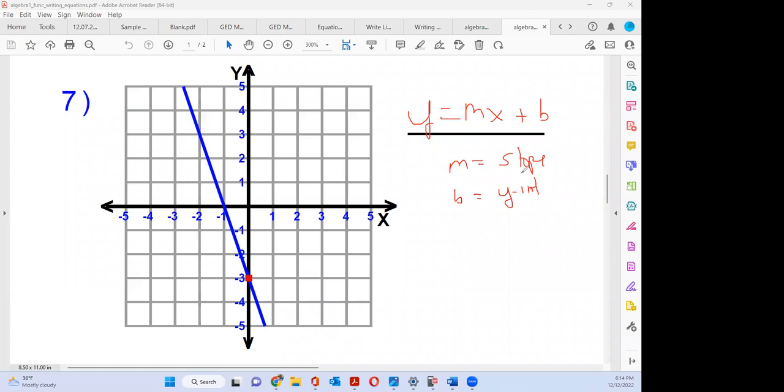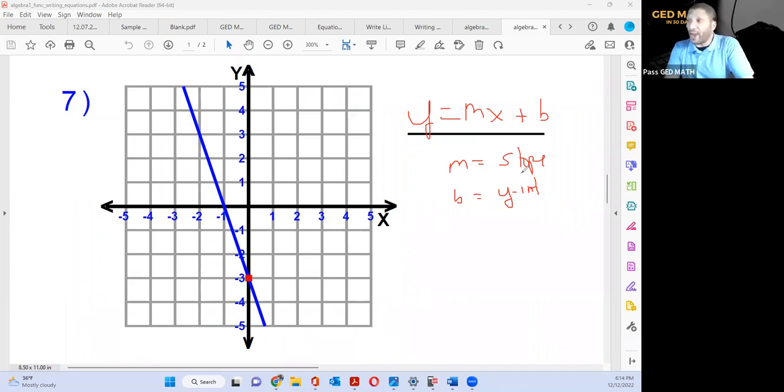I'm going to set the timer for 2 minutes. I want you to send me the equation of this line when you're finished on the graph. And then we're going to try a word problem. Send me your answer in the chat in the form of y equals mx plus b.